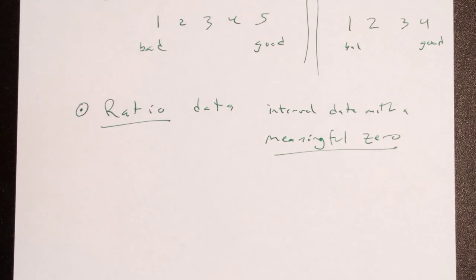That pushes me all the way over to ratio data. Now, what kind of data is it? Qualitative or quantitative? Quantitative. Is it discrete or continuous? Because I'm counting the number of hits, and you can't have 1 1/3 hits.